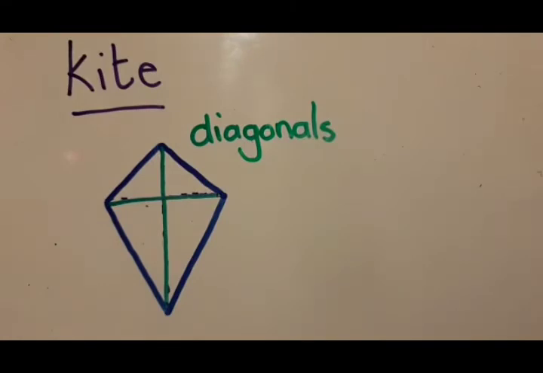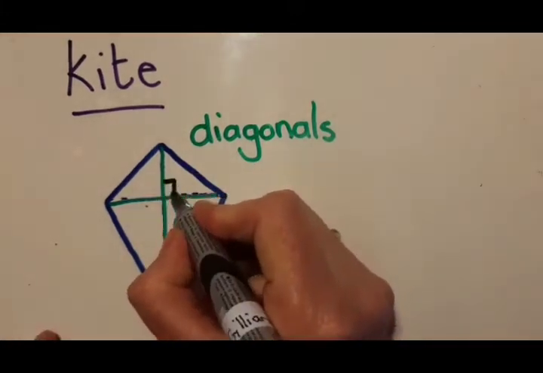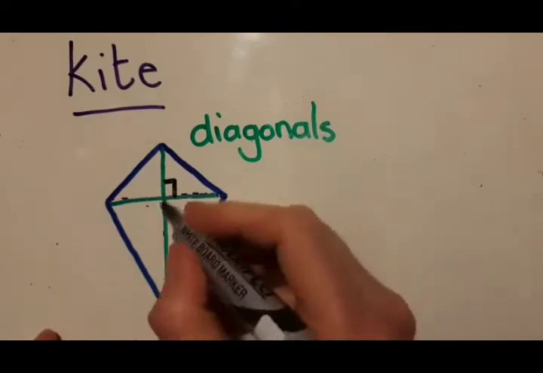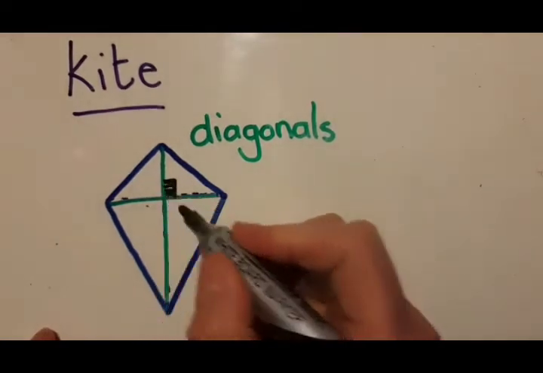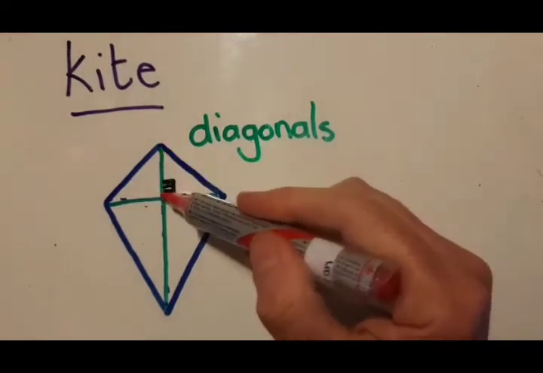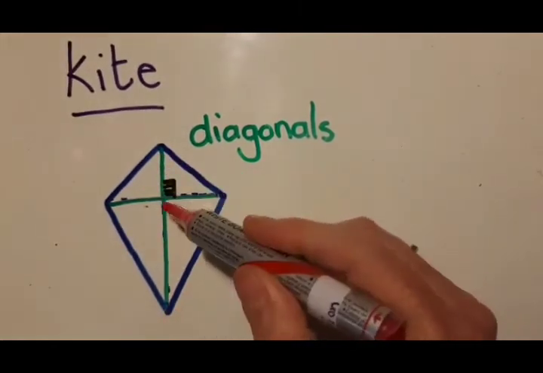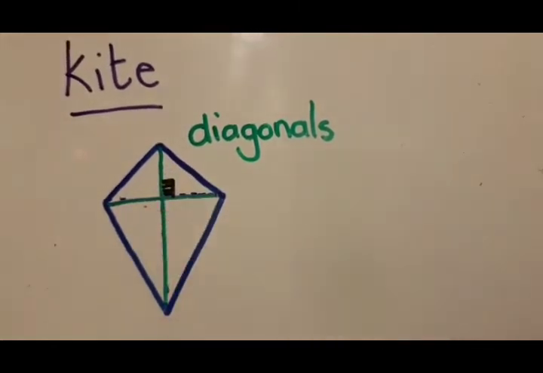And interesting about these diagonals is that they cut each other at 90 degrees. Isn't that interesting? So we end up with 1, 2, 3, 4 right-angled triangles.